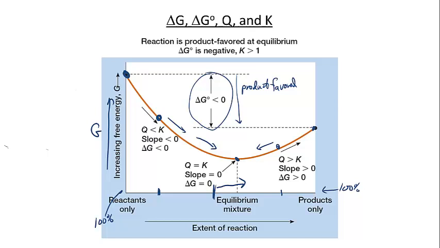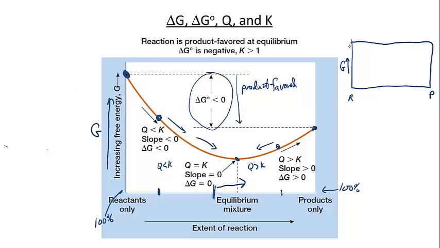And this relates to Q greater than K, and this relates to Q less than K. A system that was more heavily reactant favored, or more product favored, so here we have products, here we have reactants, here we have free energy.